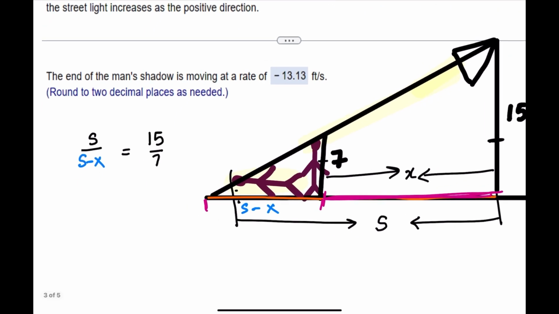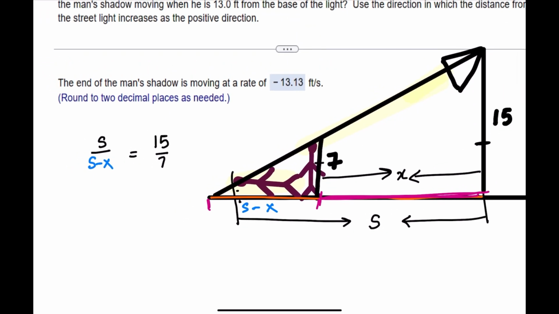Once I have that, this becomes easy peasy. And again, knowing that this is a similar triangle is very important.